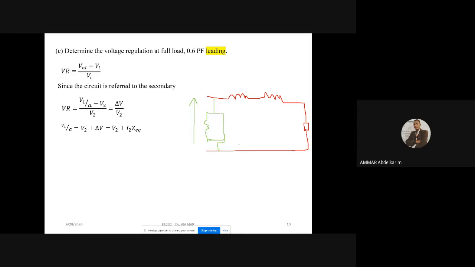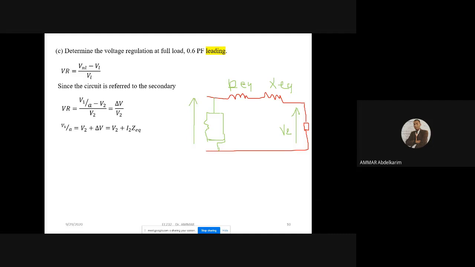This circuit is referred to the secondary, so we start with the secondary voltage V2. It's our reference, because the circuit is referred to the secondary. This one is X equivalent, and this one is R equivalent. Their values are the same whether we are in the primary or the secondary.